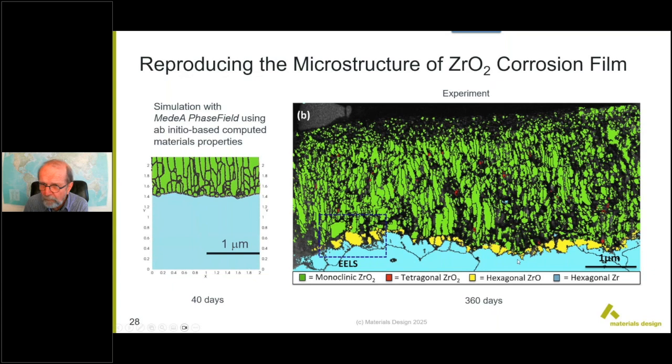of almost 1 micron length, at maybe 100 or so nanometers in diameter.